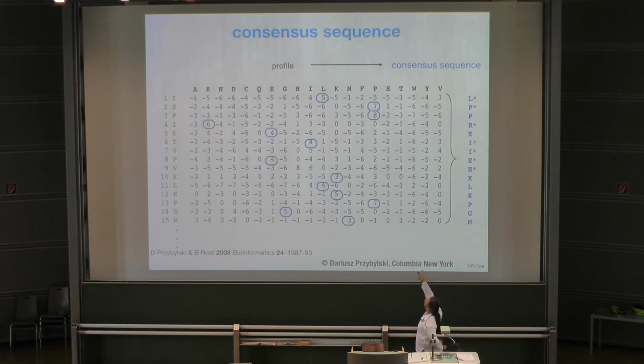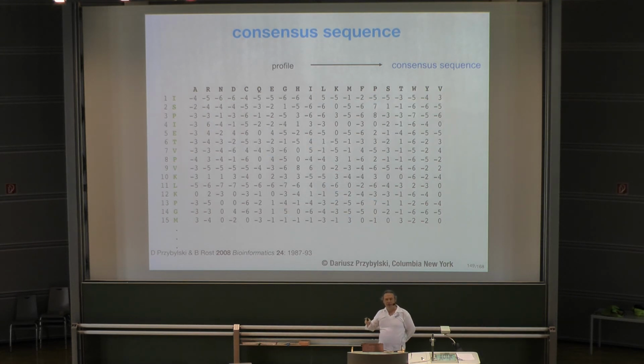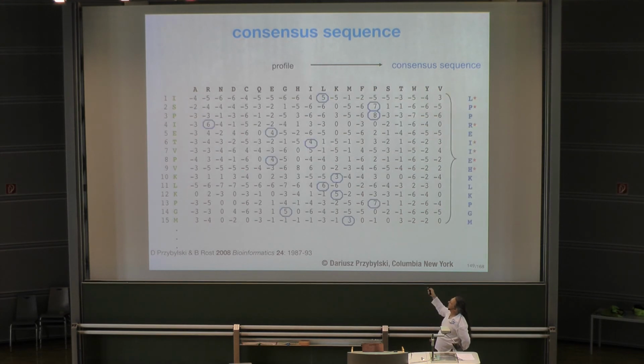And at every single position, I look up the most likely residue at that position for my position-specific substitution matrix. So I build an alignment. In that alignment, I look up what residues are observed. I compile PSSM. In the PSSM, I look up the highest probability letter, and I use that as a sequence.